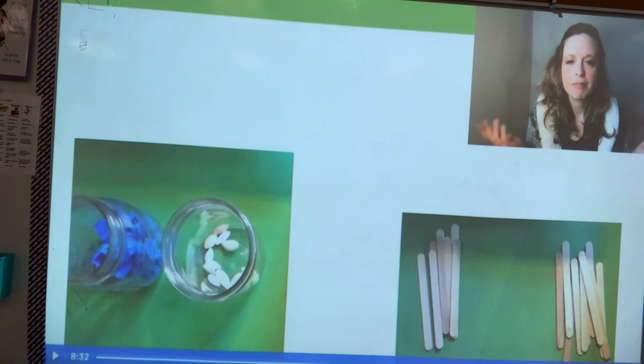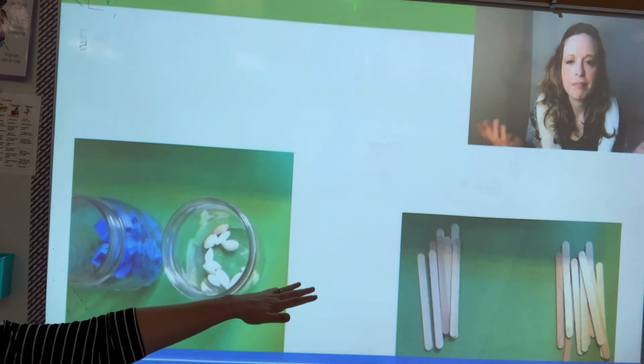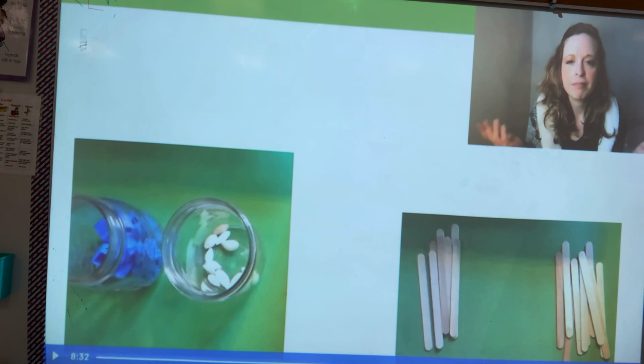Thank you, Estelle. So the jars have 2 different things, and both of the other piles are the same thing. Very good. The jars have cubes and pumpkin seeds, which are 2 different objects, and the sticks have the same objects in 2 different piles of 10. Let's see what Miss Emily says.